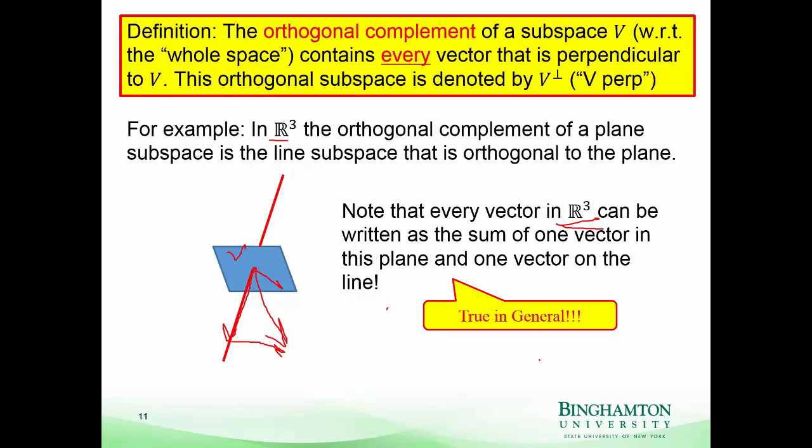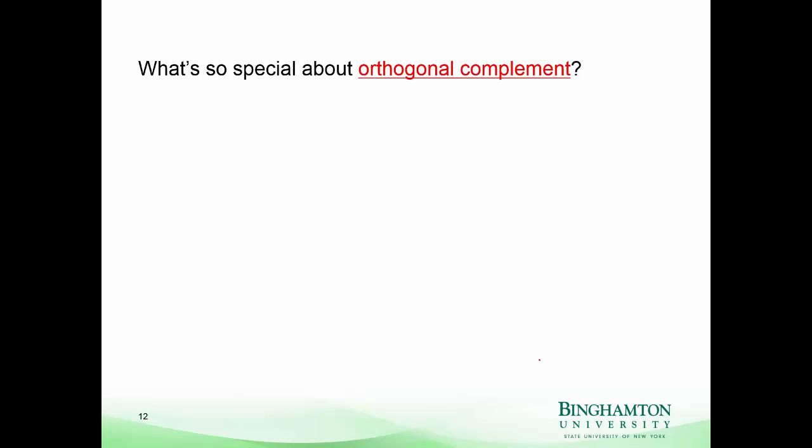So you give me some arbitrary vector in the whole space, and I can write it as a sum of one vector in V and one vector in V perp. And that's a key idea, and we'll be using that in just a second. So what's so special about this from our perspective?